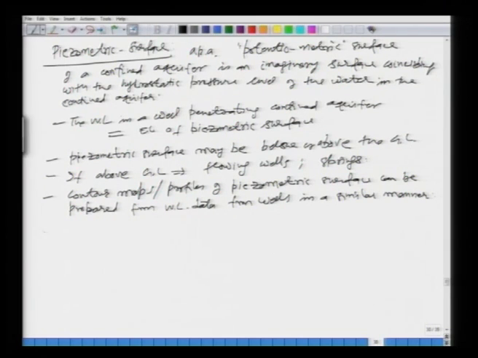So, if we can join them, we can develop what are called contour maps of the piezometric surface.